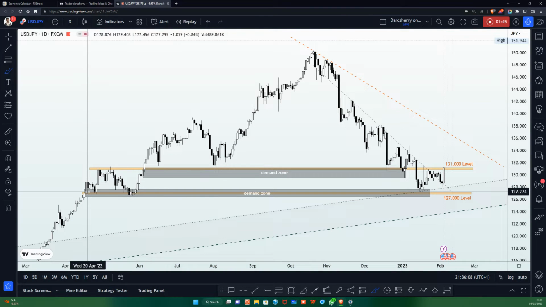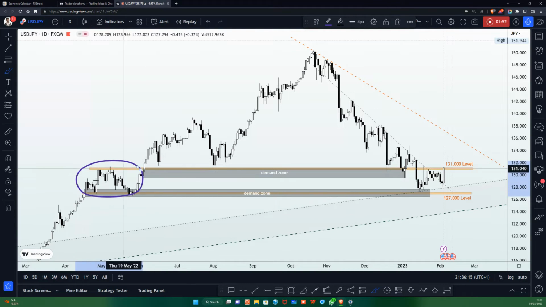Between April and May of last year, we saw a little consolidation phase in this channel before we witnessed the significant breakout and retest of the 131.00 level to signal that bullish momentum that happened last year.